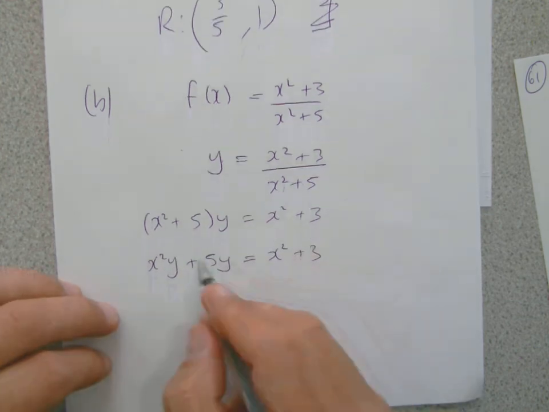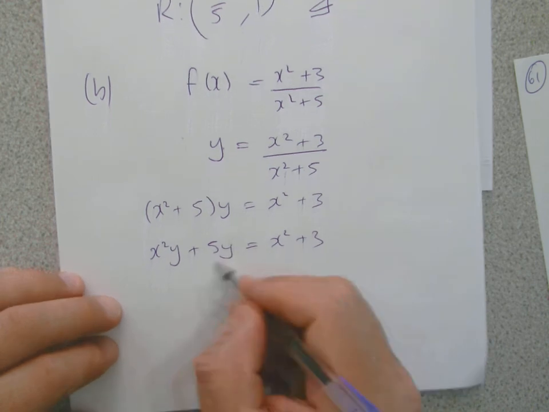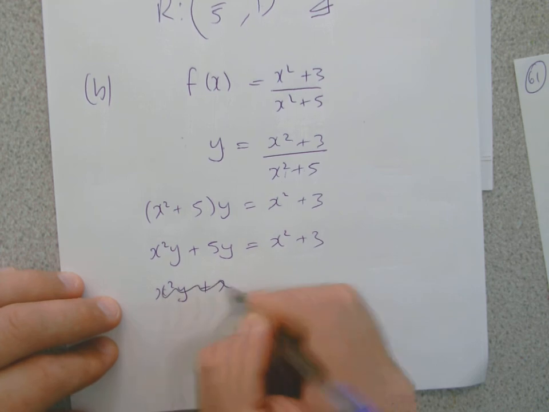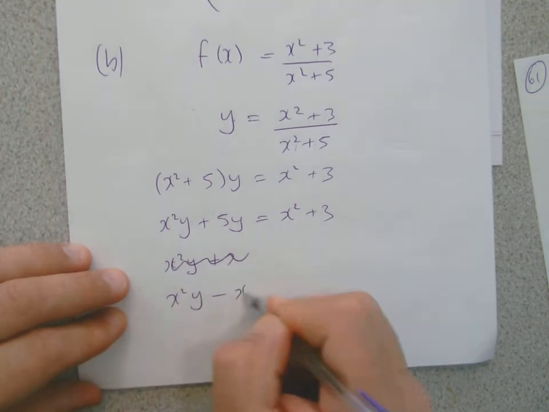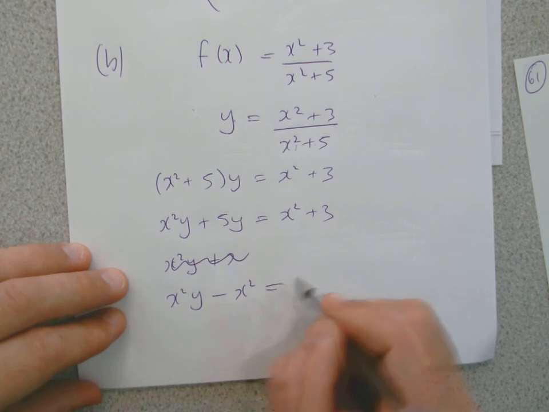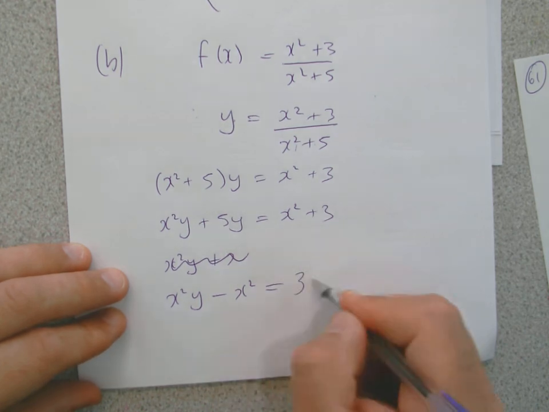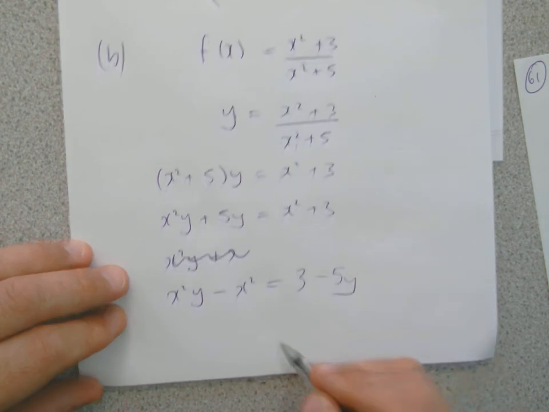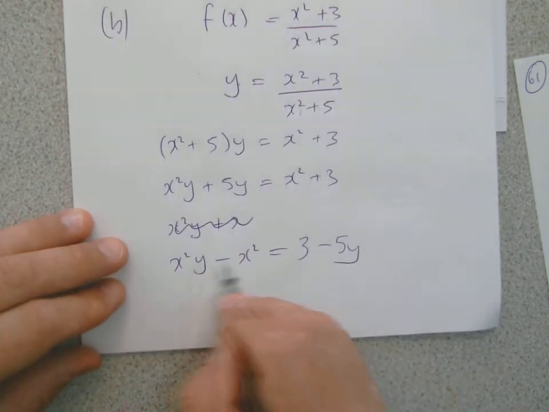Now the idea is to get the x's onto one side. So you've got x squared y minus x squared, isn't it? Take that over, it becomes minus x squared, and then you've got 3, and take that 5y over, because there's no x involved here, so it becomes minus 5y. Now on this side, I've got x squared y minus x squared.